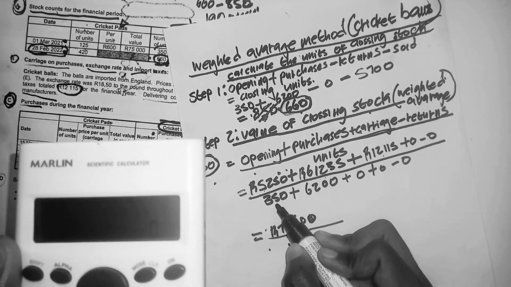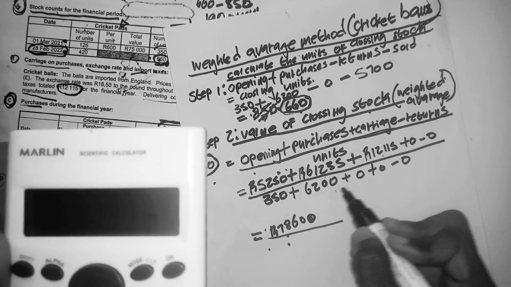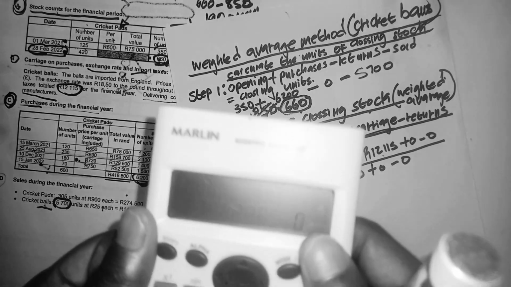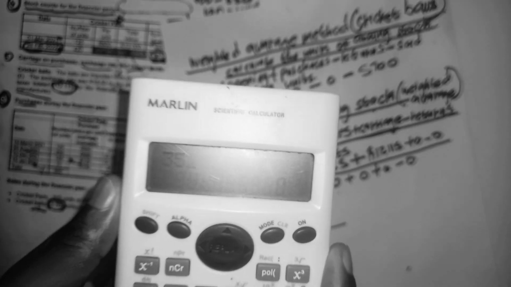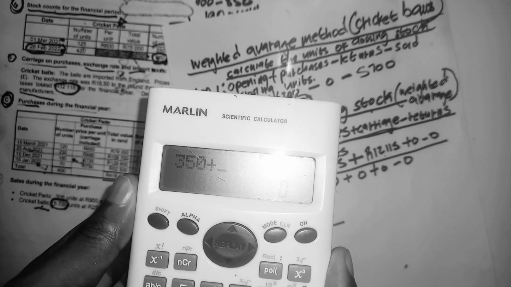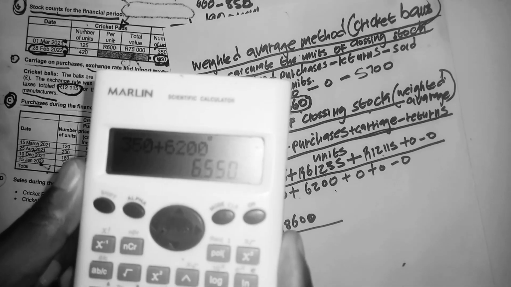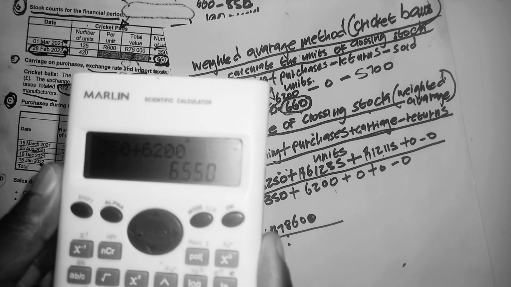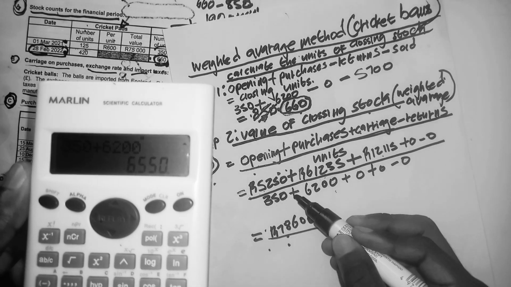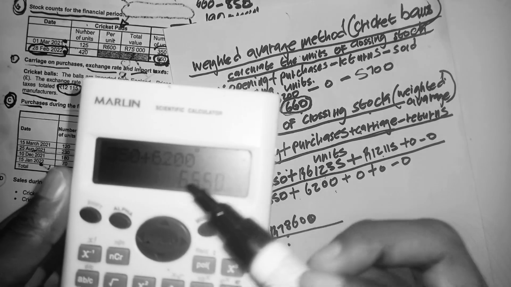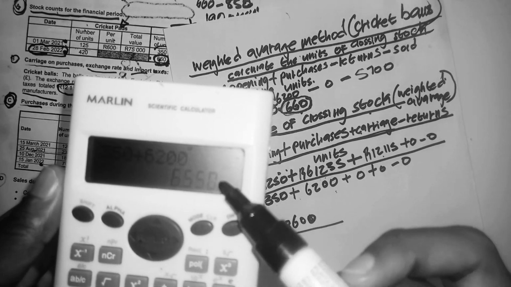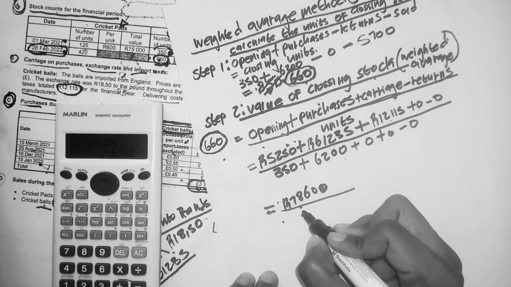The first number here, we have 350 plus 6,200, then there is nothing there. So 350 plus 6,200, we get number of units of 6,550.